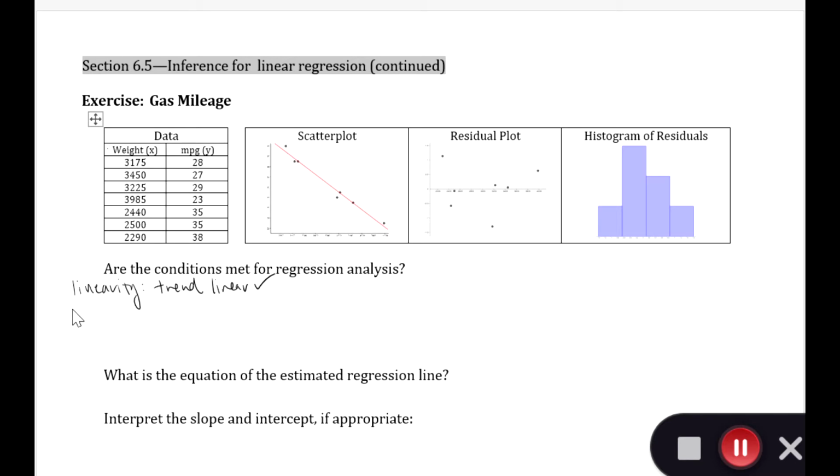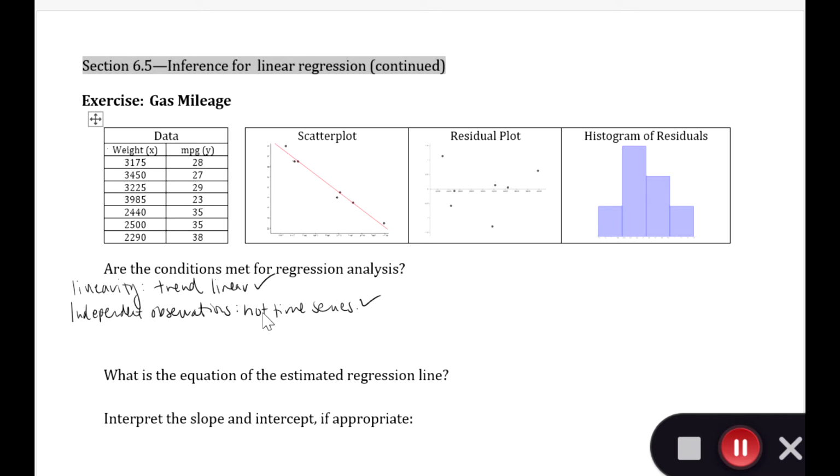Then we want to make sure that we have independent observations. We highly encourage you not to do time series if this is not a time series. And like this data value right here, up here at the top, is not going to influence other data values. So we have independent observations.